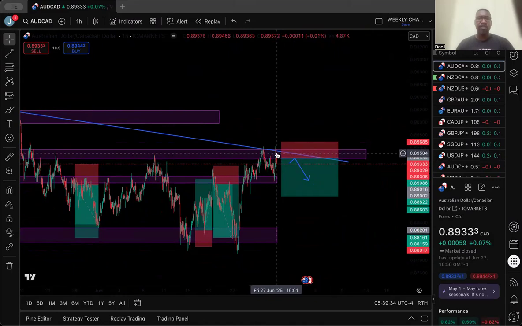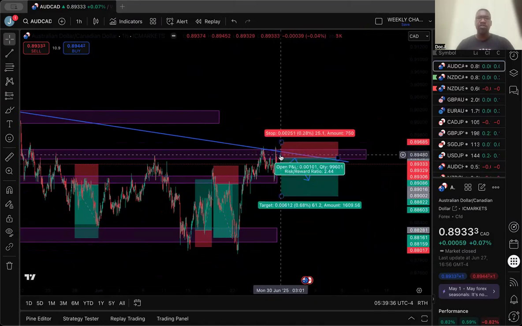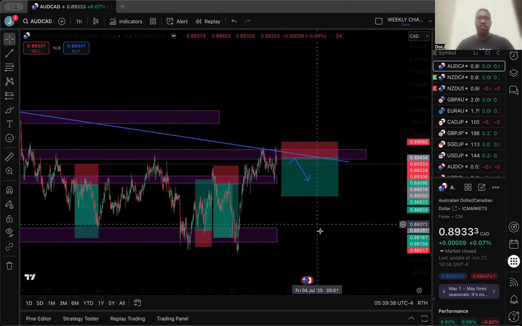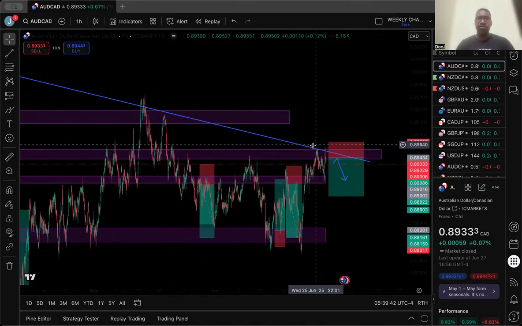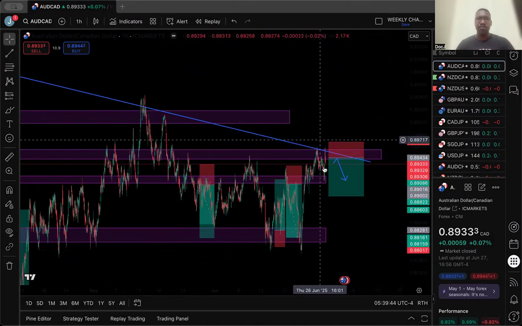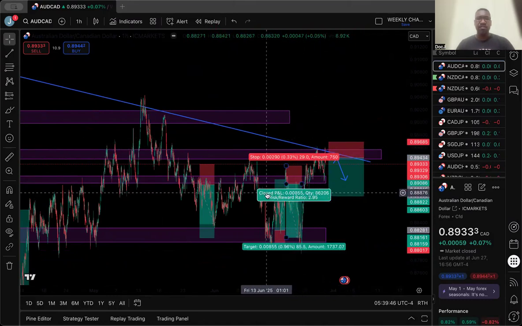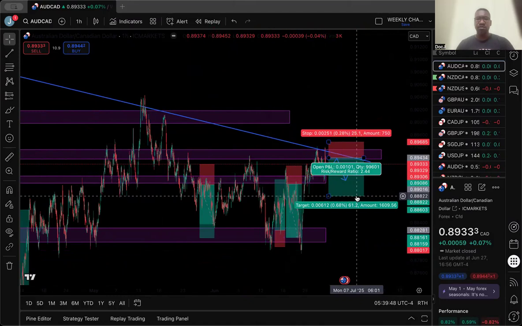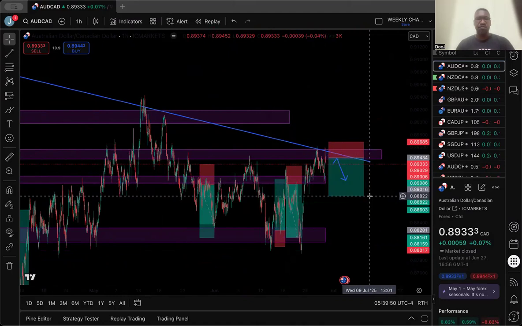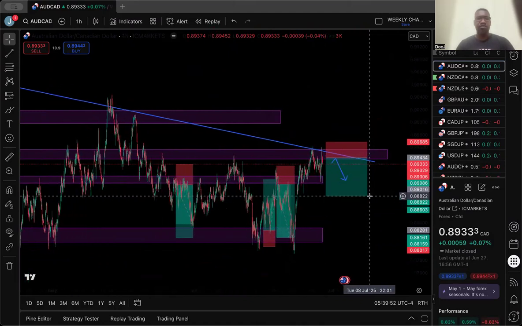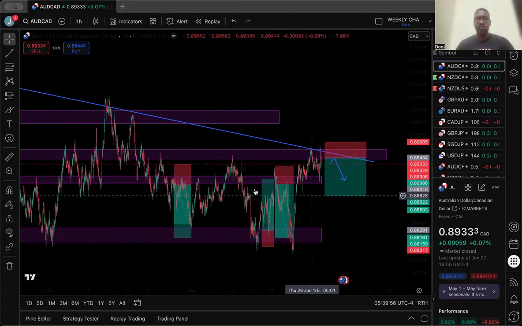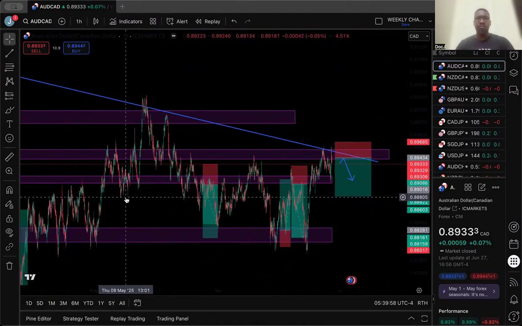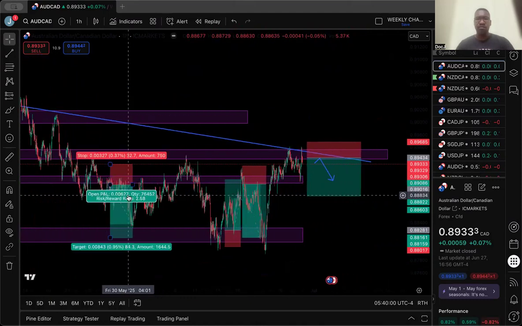So I want price to get back into this area, create another rejection within the area, and start selling. Of course, we need to put our stop loss above the area, and then the next most plausible area for price to start retracing, that's where we'll put our take profit. So right about here.